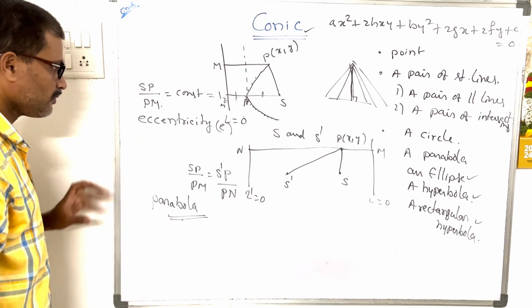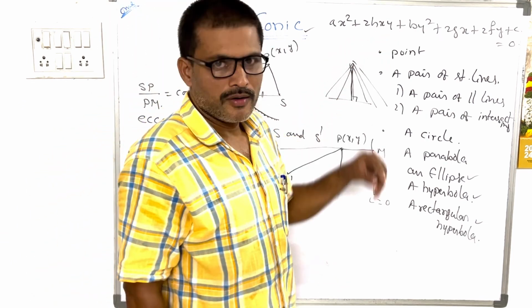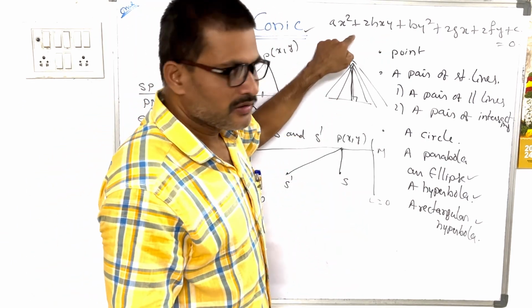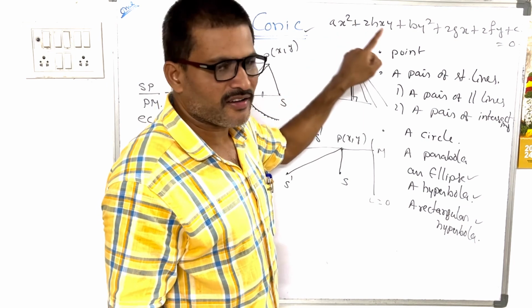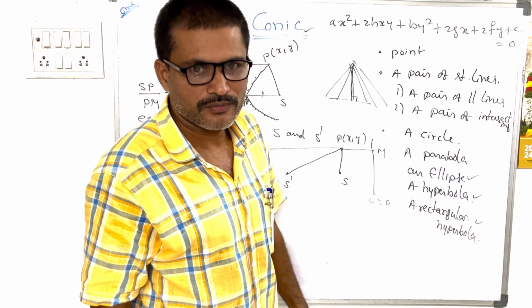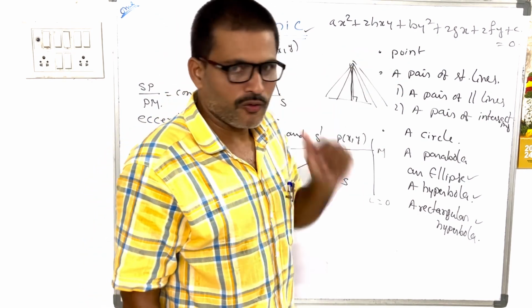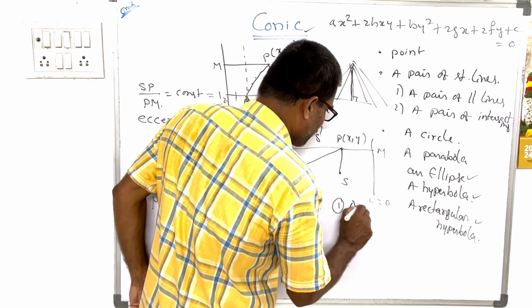Next. Before going to this one, the second degree non-homogeneous equation is ax square plus 2hxy plus by square plus 2gx plus 2fy plus c equals 0. Now, in that we observe the first value, delta equal to 0.